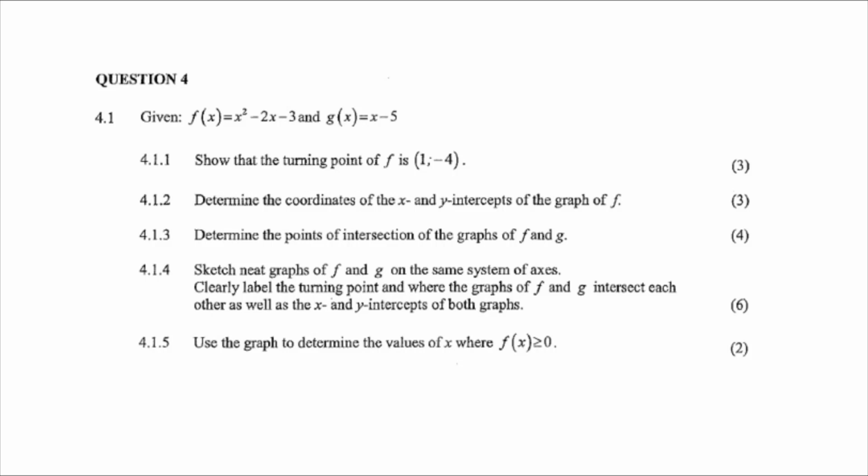Over here we are given question 4, which has f of x is equal to x squared minus 2x minus 3, and another function, g of x is equal to x minus 5. We are asked 5 questions. The first is pertaining to the turning point of f, which we know is a parabola, and we need to determine the x and the y intercepts of f.